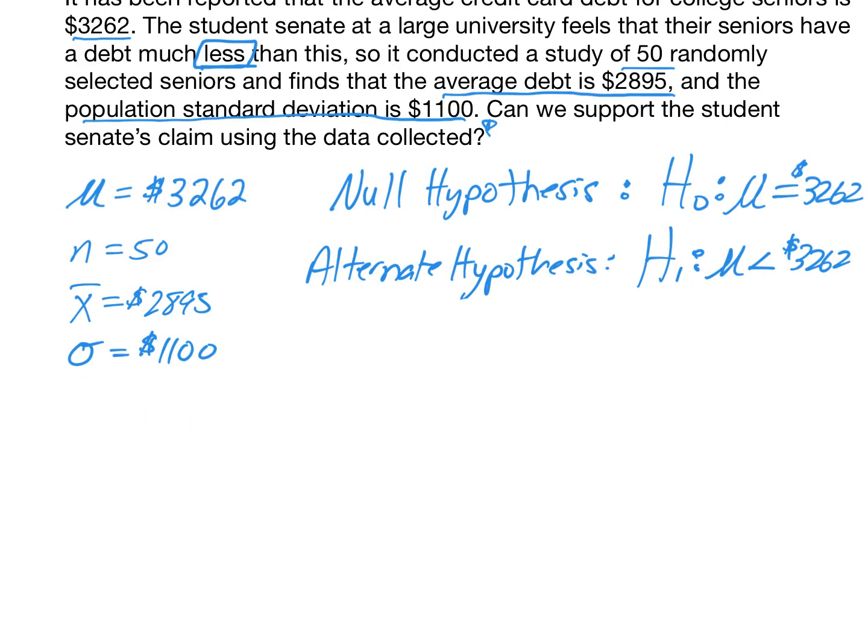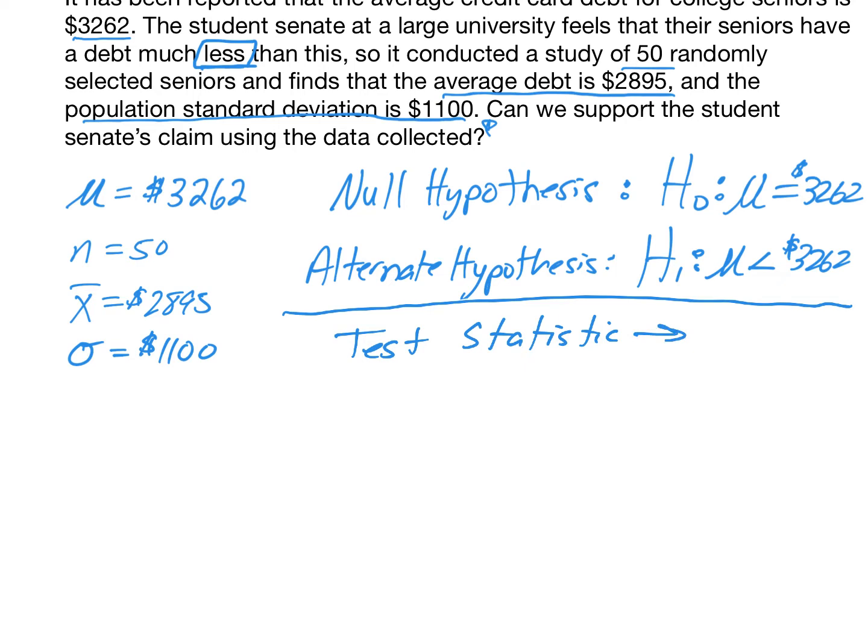Our next step after our 2 hypotheses is we must find our test statistic, which in this case is going to be our z. It's a z of x bar, but it's still a z-score like we always have. Our z-score formula is x bar minus the population mean divided by sigma over the square root of n.